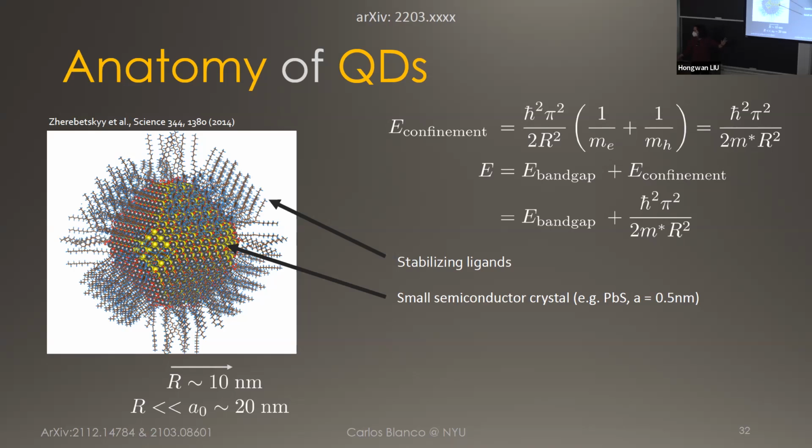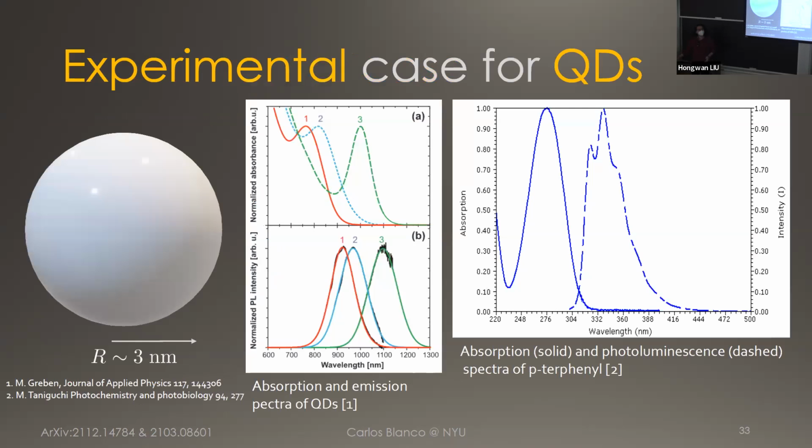The reason why we chose these is because they behave essentially as if they were man-made molecules, and this is the proof of that. On the right-hand side, you have the absorption and emission spectra for a really standard organic scintillator, peak terphenol, which is very similar to the Trans-stilbene we just discussed.